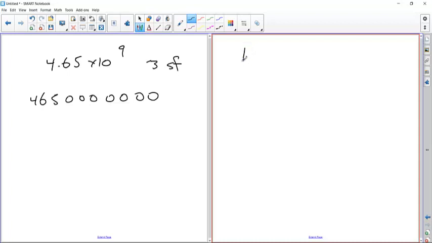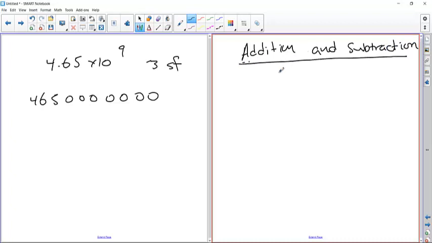So let's look at addition and subtraction. There are rules for addition and subtraction, because subtraction is just the same as addition, except you're adding the additive inverse. Okay, so what you have to do with addition and subtraction is you have to see what is the least accurate decimal location.